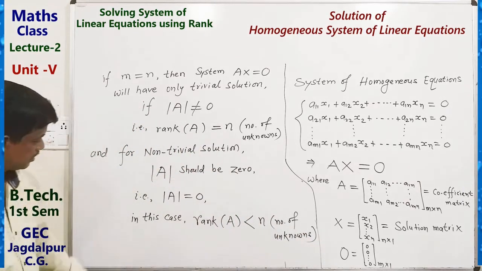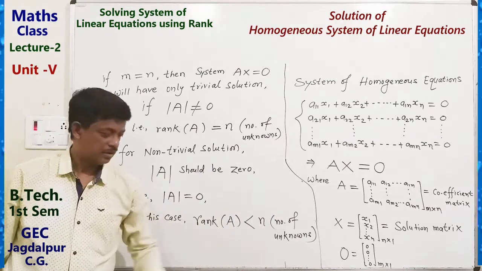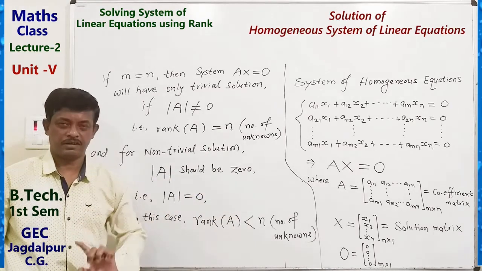Clear? In this case, rank A is less than n, the number of unknowns.